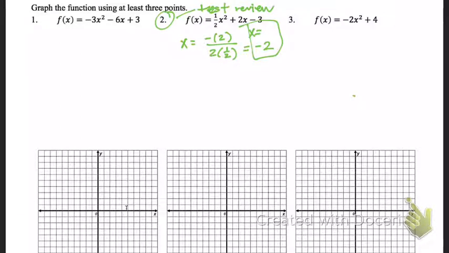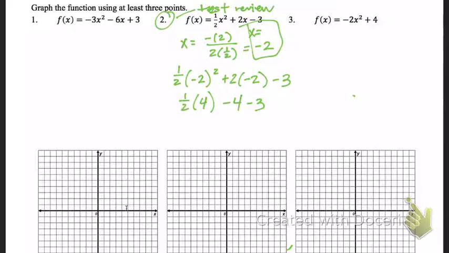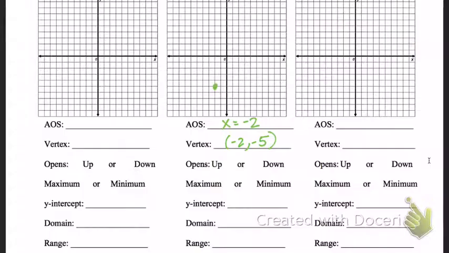Then for my vertex, I'm going to plug in x equals negative 2, so 1/2 times negative 2 squared plus 2 times negative 2 minus 3. You end up getting negative 7 plus 2, negative 5. So negative 2, negative 5. So I have my axis of symmetry and my vertex, negative 2, negative 5.